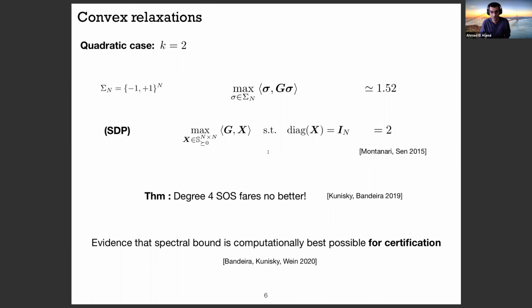And you want furthermore that for G that is Gaussian or GOE, you want the value of your relaxation to be as close as possible to the ground state, to the optimal thing. And that turns out to be too much. So for this particular problem, which computer scientists call certification, there is evidence that this is the best possible. The spectral bound, which is 2, is the best possible in polynomial time.